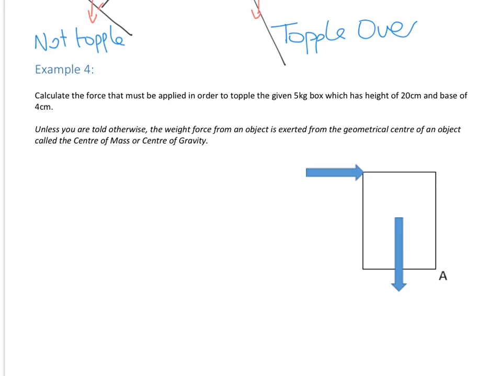So if we look at this diagram here, if we apply a force in that direction, what's going to happen is the box is going to rotate. So it essentially gets tilted in this direction. So it's going to rotate about the point A. And you can try this for yourself if you put an object on a table and push it. If you can get it to not slide, you'll see it will rotate about the side opposite to where you're pushing. So let's take moments about A.